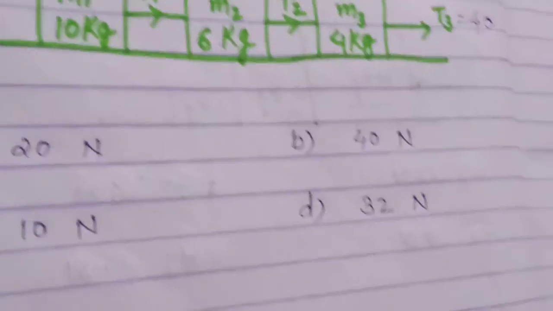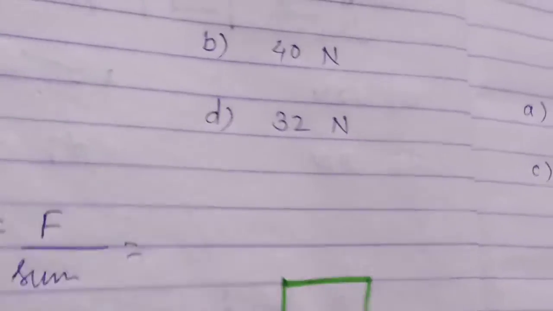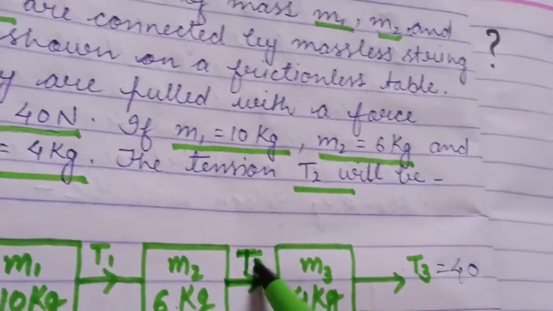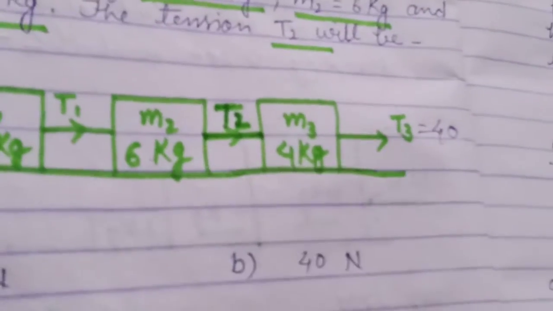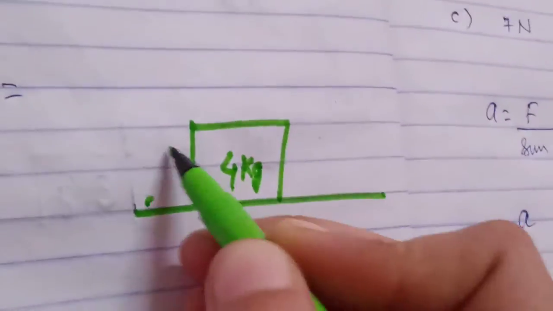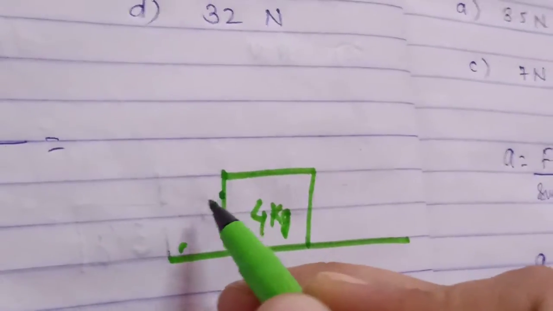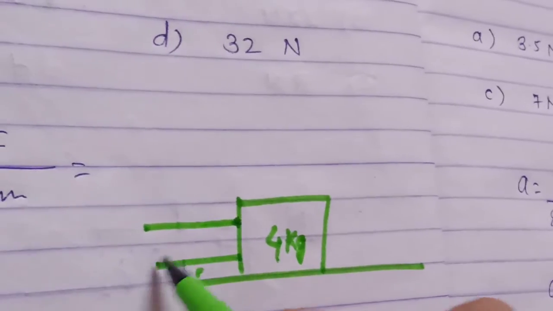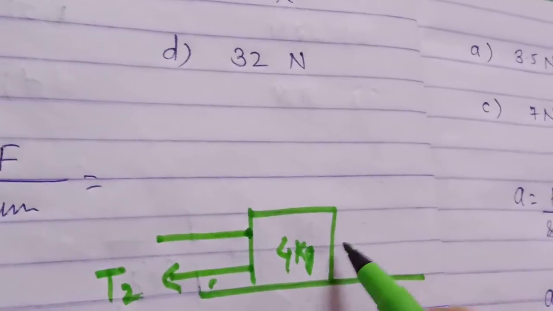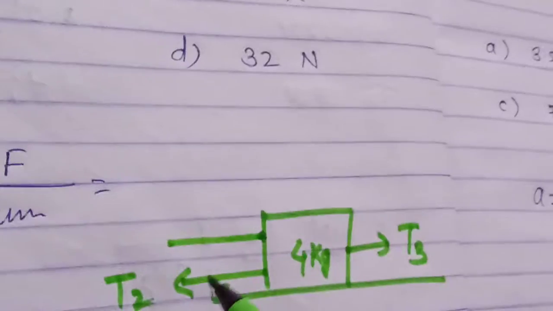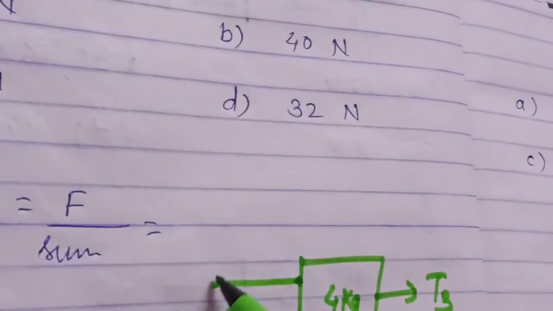First we draw the FBD of the 4 kg block because we want to know T2. The surface is smooth and frictionless, and this is T2, T3 and M3A.